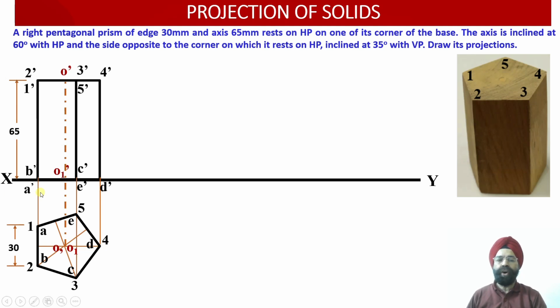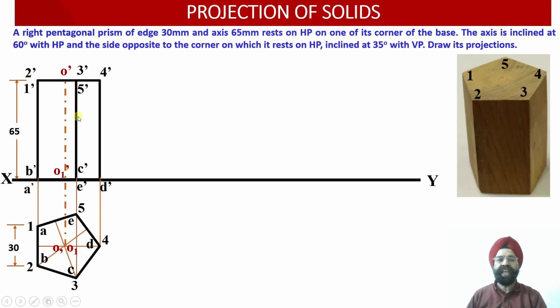So onto the corner D dash, we have to reorient or redraw or rotate this particular front view elevation projections in such a way that the base of this pentagonal prism will be inclined at an angle of 30 degree, or the axis of this prism will be inclined at an angle of 60 degree with respect to the horizontal plane.